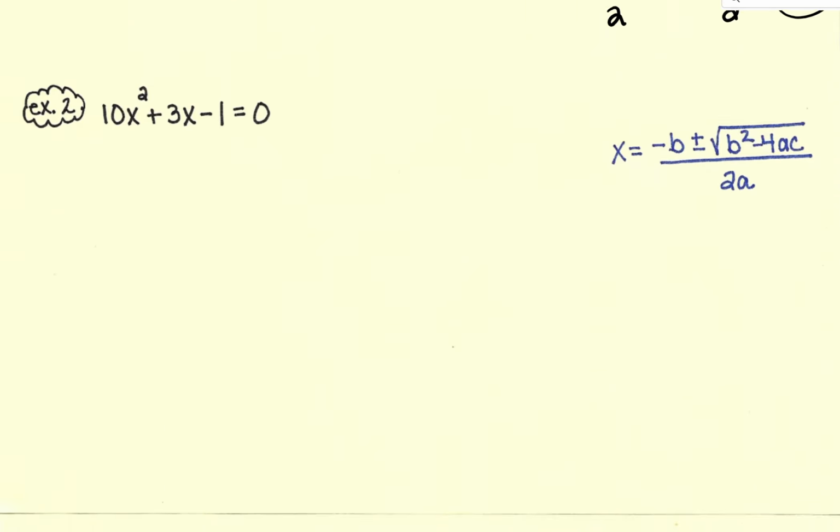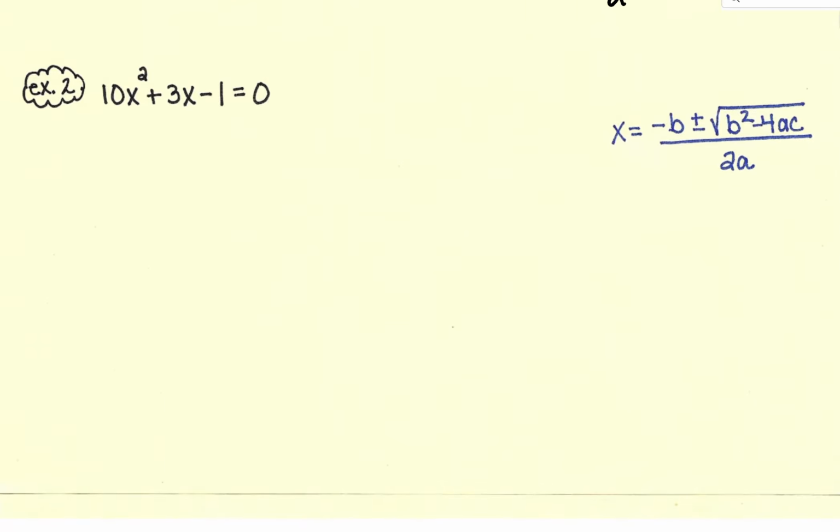All right, let's take a look at the second one. All right, it's in the correct form, so we can look at it and see that our A value is 10, our B value is 3, and our C value is negative 1. So here's our formula over here. I have it over there until you get it memorized.